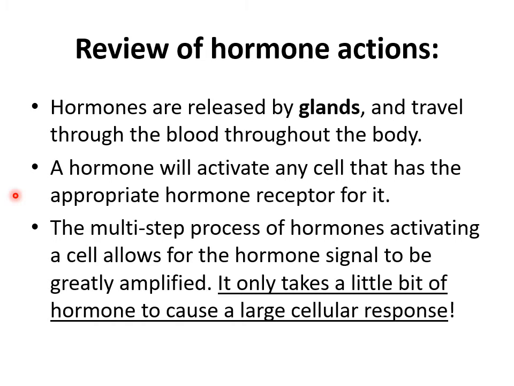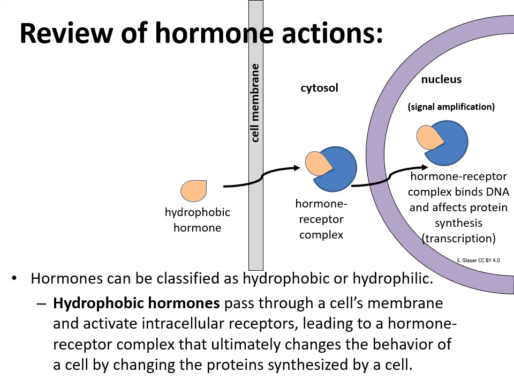Hydrophobic hormones will generally have intracellular receptors that shuttle the hormone through the cytoplasm into the nucleus where they affect gene transcription. And due to the signal amplification in both types of hormone signaling, it only takes a tiny amount of hormone to cause a large cellular response.